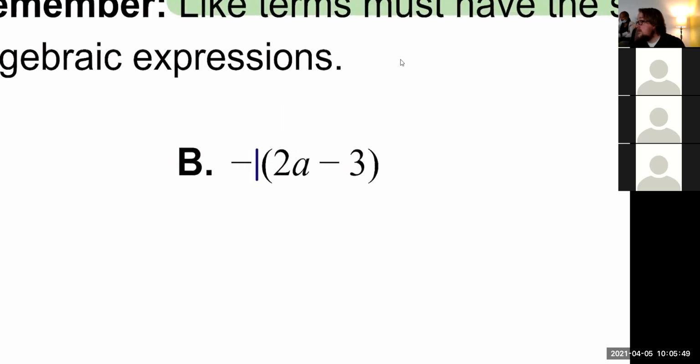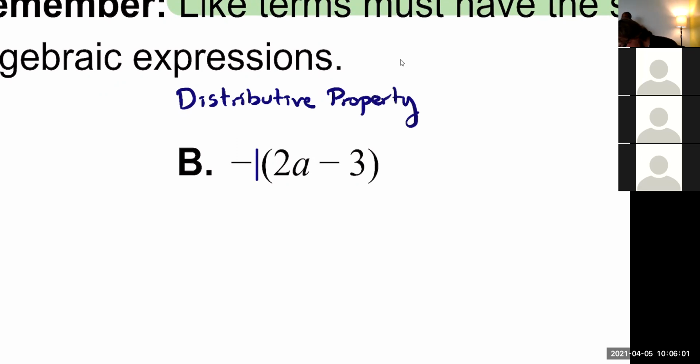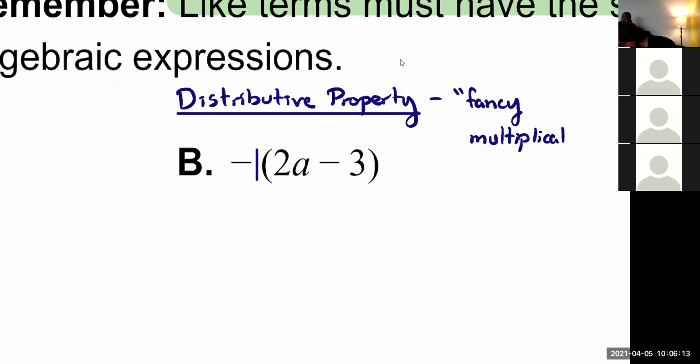So you may have learned previously that there's a neat little property called the distributive property. Which for our purposes, I'm going to call fancy multiplication. It's fancy because it's not just multiplying with one thing, it's multiplying with everything inside that set of parentheses.